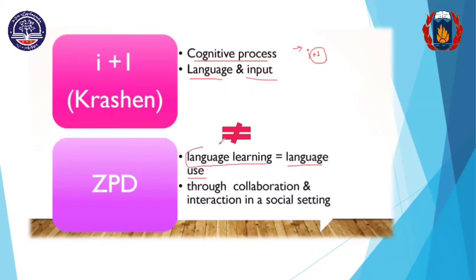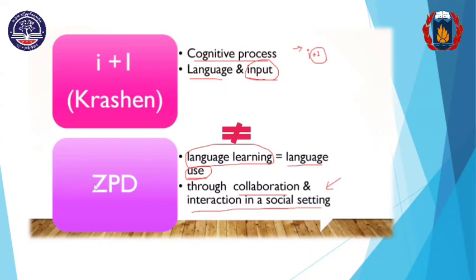Vygotsky considers learning language as using all language. So ZPD is a kind of social interaction pattern. Students can learn a lot through collaboration and interaction in a social setting. It's ZPD with the help of the teacher. In I+1, the teacher needs to give comprehensible input.